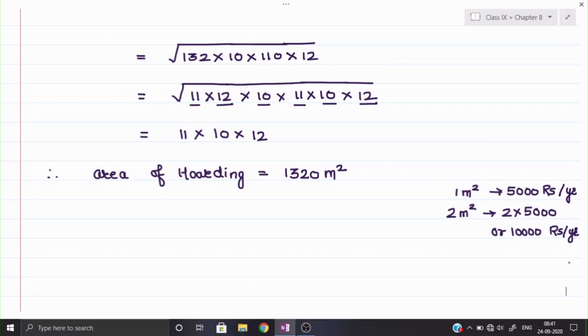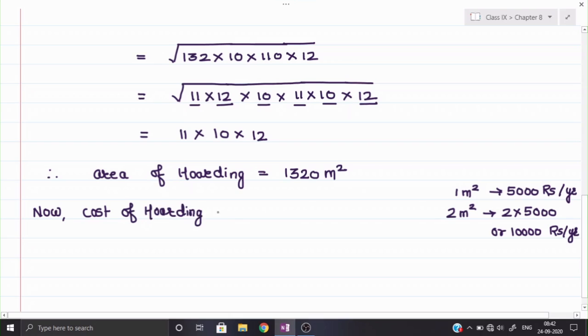So the cost of holding for 1 year will be equal to 1320 multiplied by 5,000 rupees.